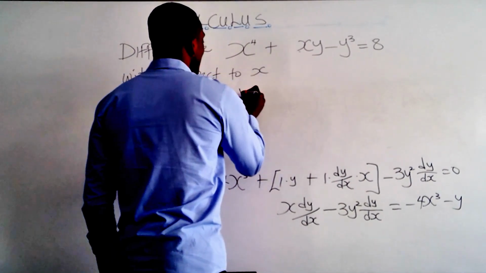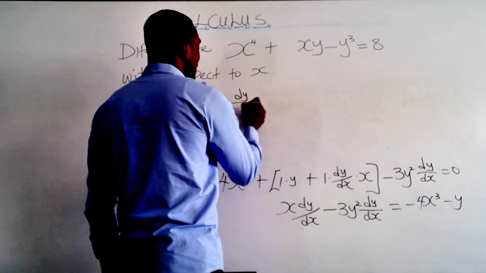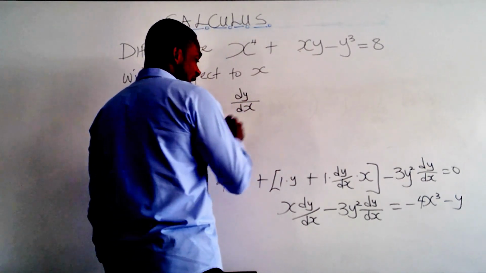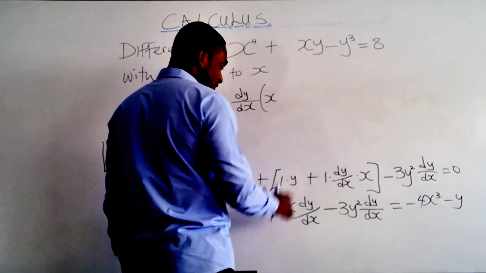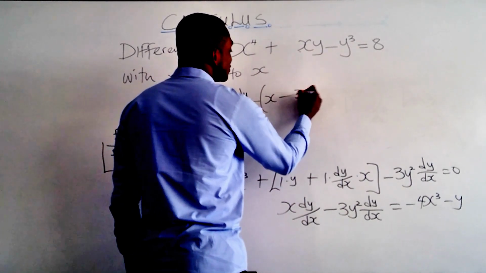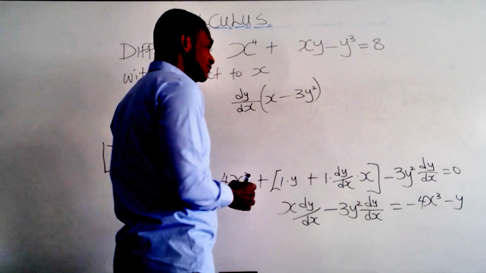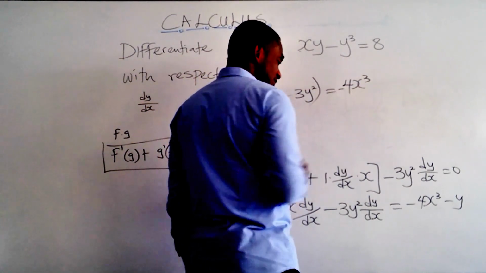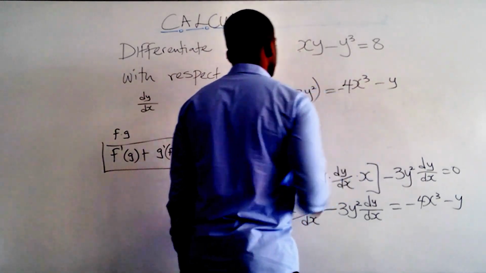Now, if we factorize the left-hand side, we have dy over dx, and then the factor here is (x minus 3y squared) equals 4x cubed minus y.